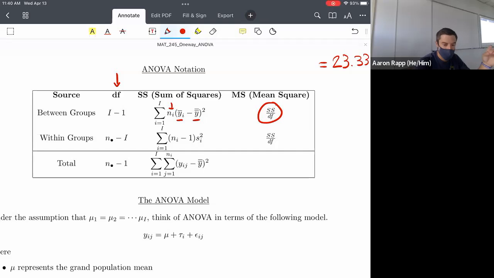That's going to be the same case for each of these mean squares, but if I'm looking within a group, instead of that, I'm looking at the observation minus the mean.